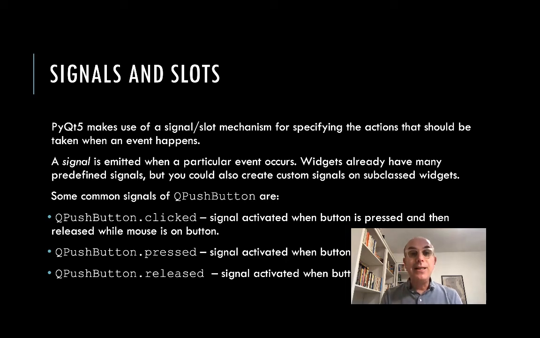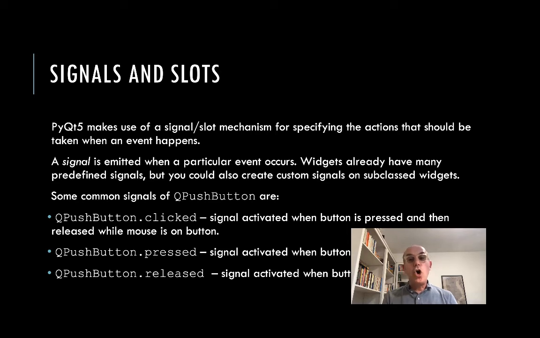Signal and slot is another thing that is really important. We are making a specification to the action that should be taken when the event happens. So the idea here is that the signal is emitted when a particular event occurs.